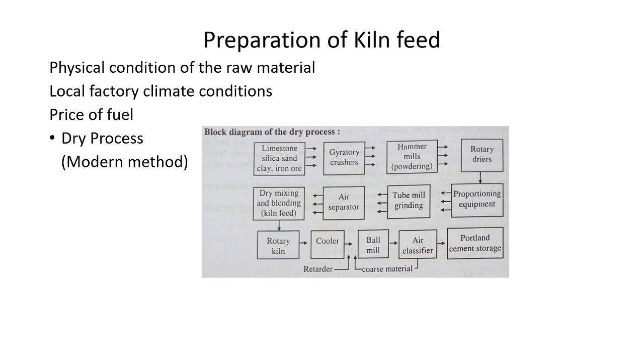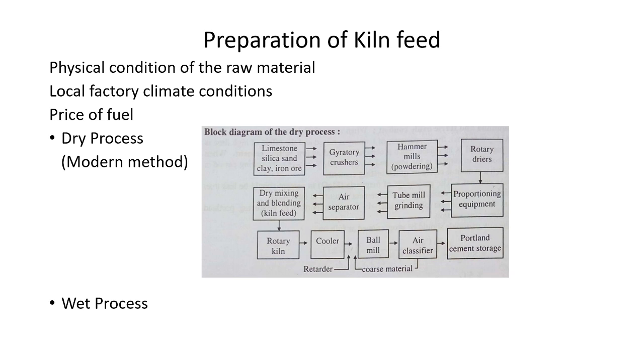Whenever the raw material is very crystalline, or you can say hard, then the dry process is useful. If it is not so, if it is soft and the local climate is moist, then the wet process is preferred.